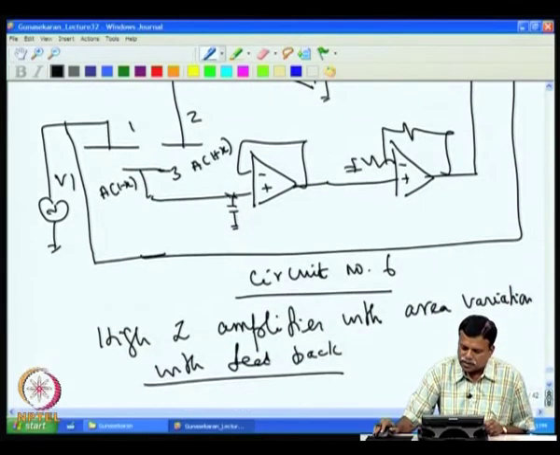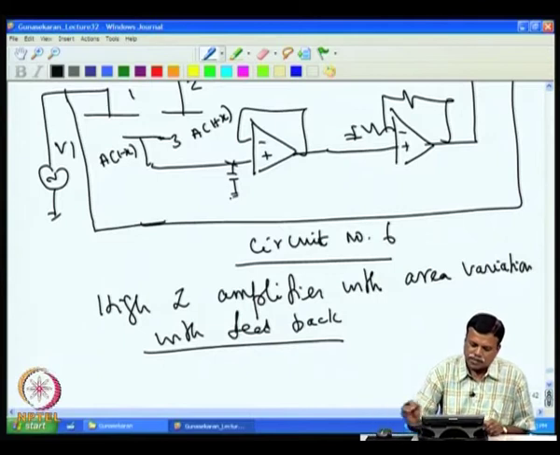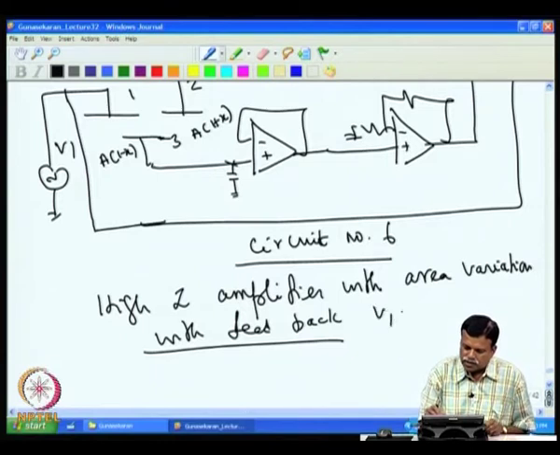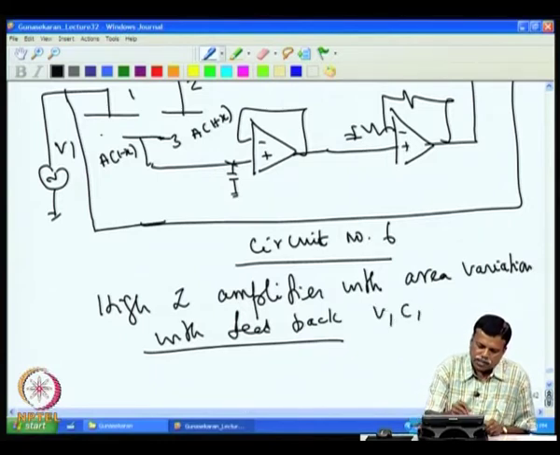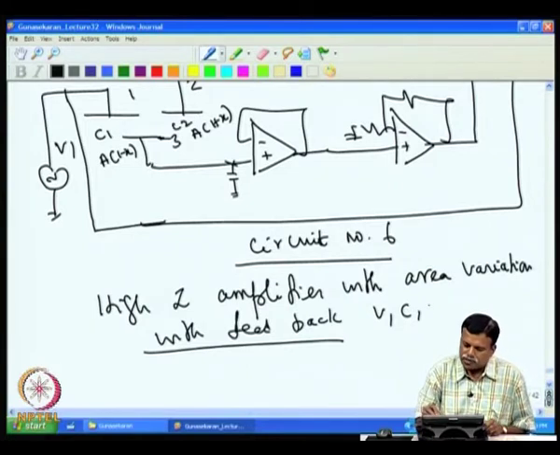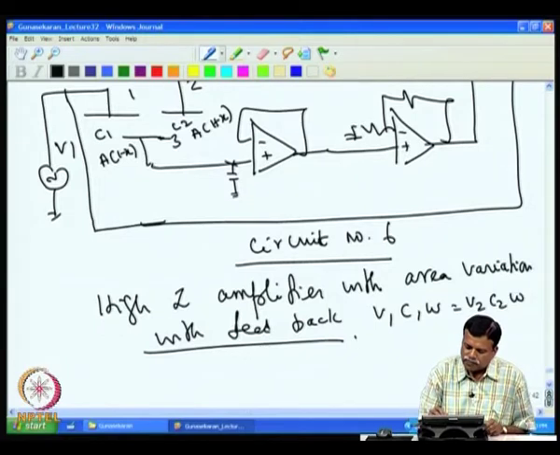So, if you again write the equation for the current, one current will be V1 C1 omega, if I take this as C1 capacitor and this as C2 capacitor, then V1 C1 omega will be equal to V2 C2 omega. So, again we will get V1 by V2 as C2 by C1.